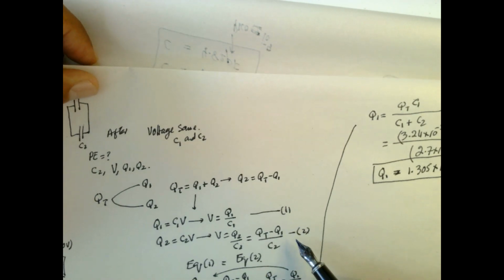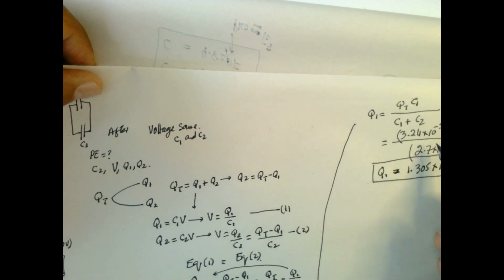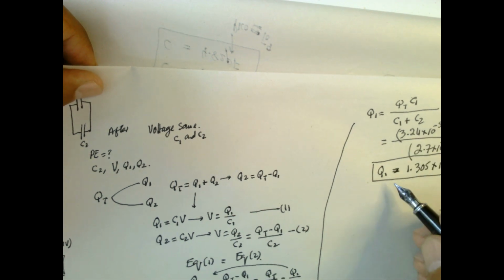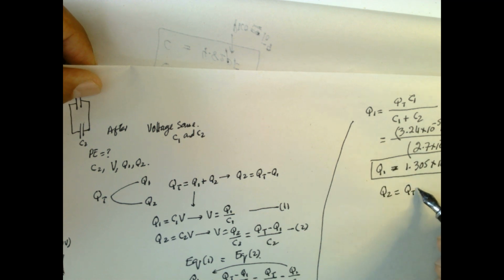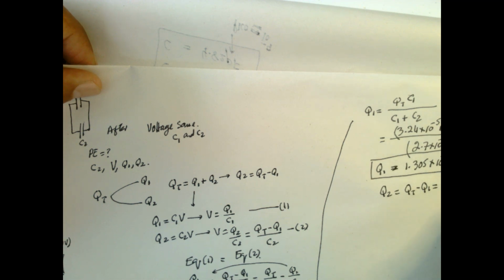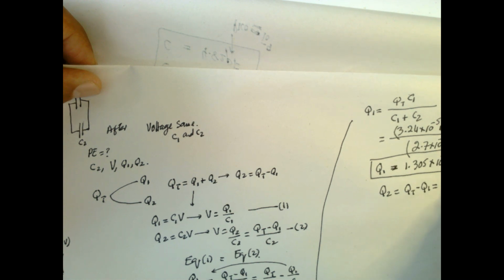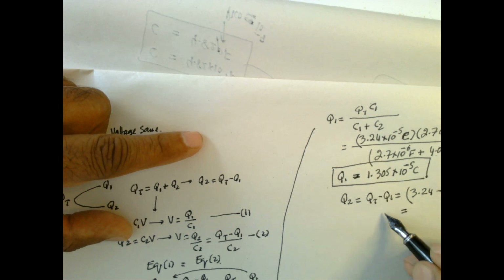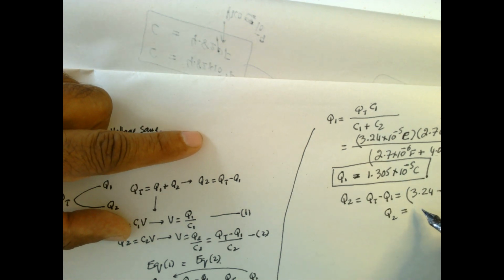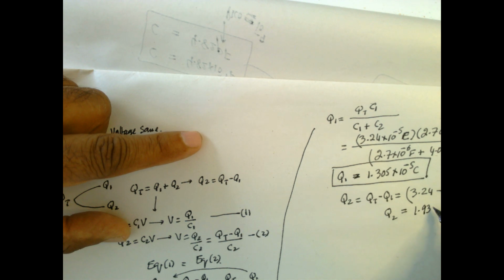So Q2 we can find out. Q2 is equal to Q total minus Q1, which is equal to 3.24 minus 1.305 times 10 power minus 5, which is equal to 1.935 times 10 power minus 5 coulomb.